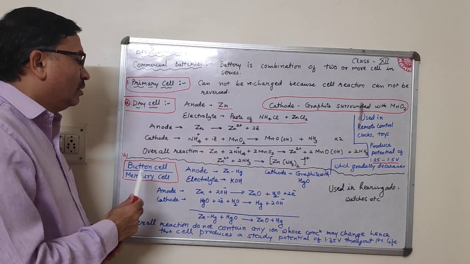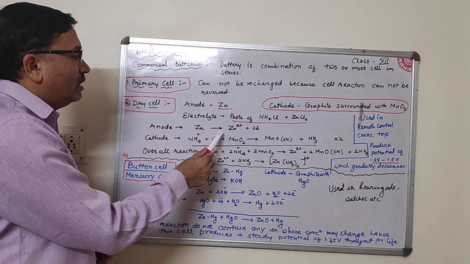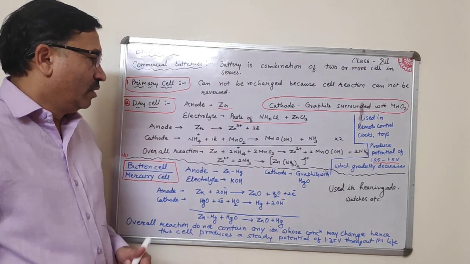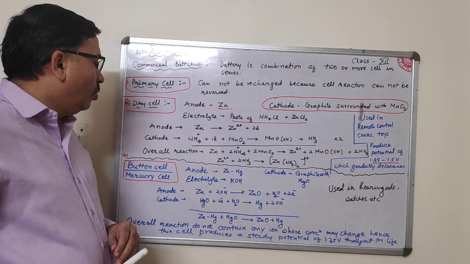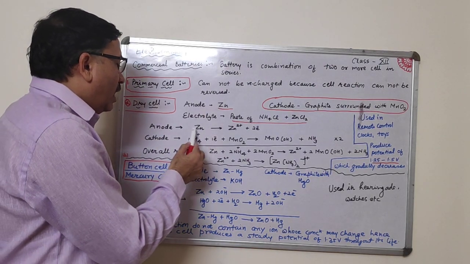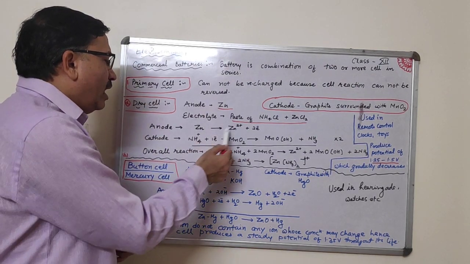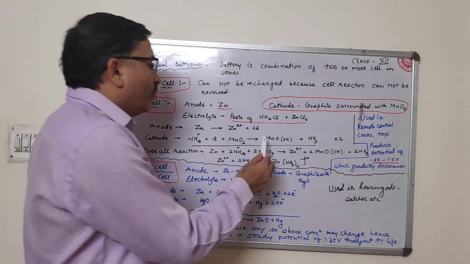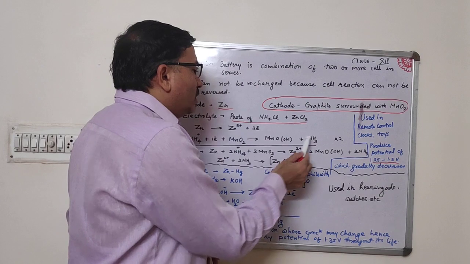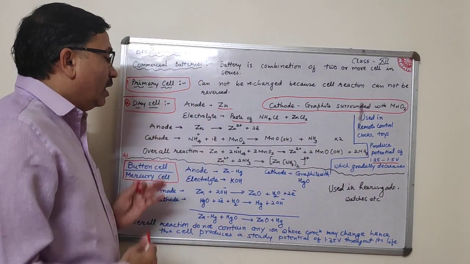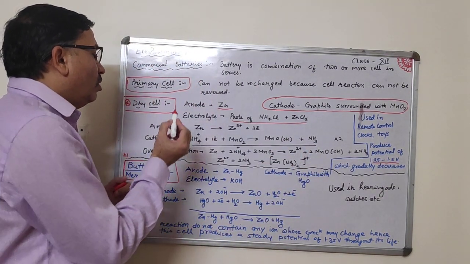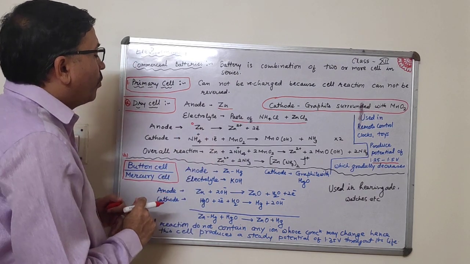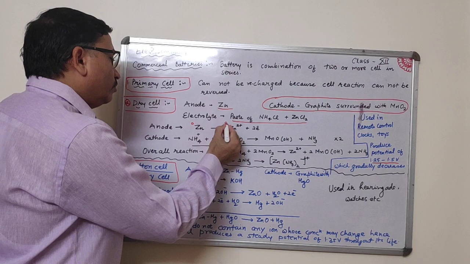At the anode, zinc oxidizes to Zn2+ plus 2 electrons, and at the cathode, NH4+ and MnO2 react and gain 1 electron to form MnOOH plus NH3. Here you see at the anode, the oxidation number of zinc moves from 0 to +2.